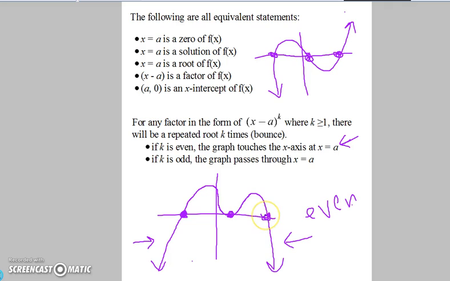And then this last one, same thing again, it crosses through, so it has to be odd. That might be a 1 or a 3, something like that. Okay, so I've got 3 solutions, but I know this one in the middle bounces, so this could potentially be an x to the 4th polynomial, because I really have 4 solutions here. This one right here in the middle just happens to be a double solution. Okay.